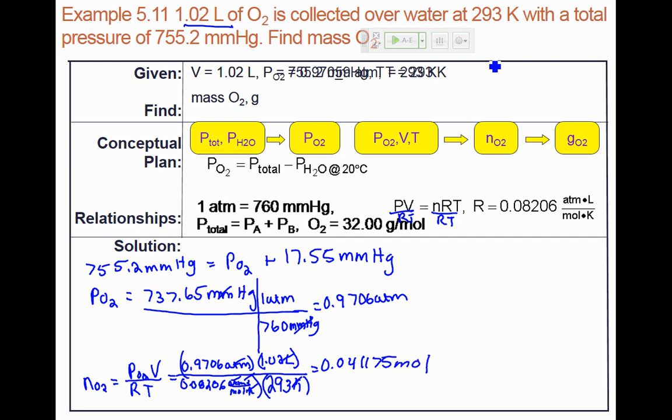But this question wants mass, so we're going to convert that. Remember, O2 is diatomic, so its molar mass is 32, which is 16 times 2.